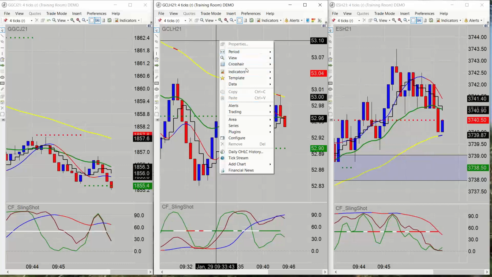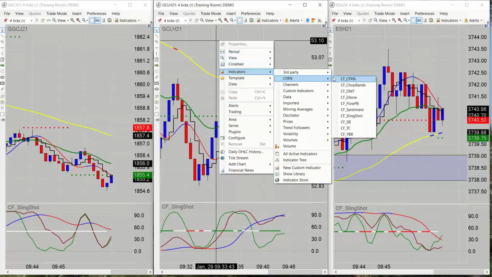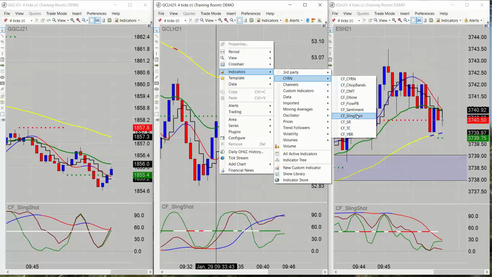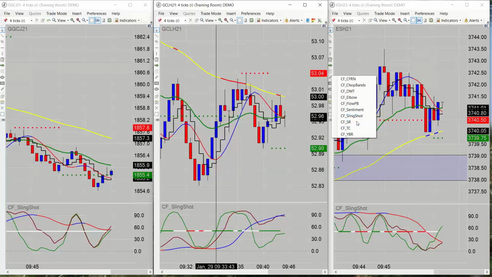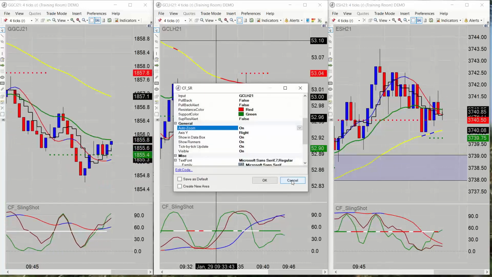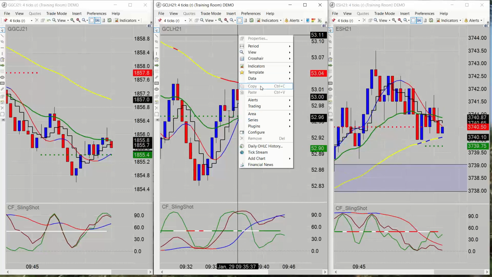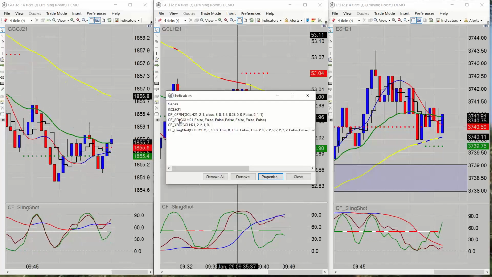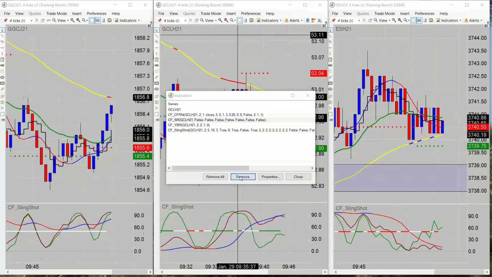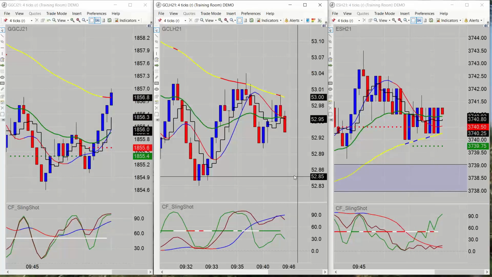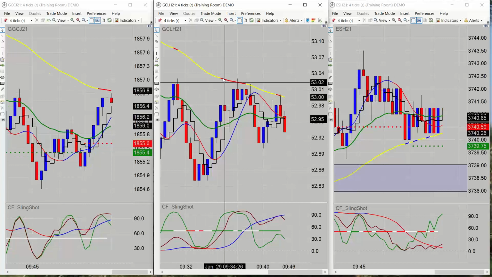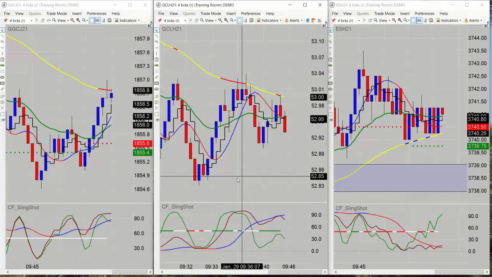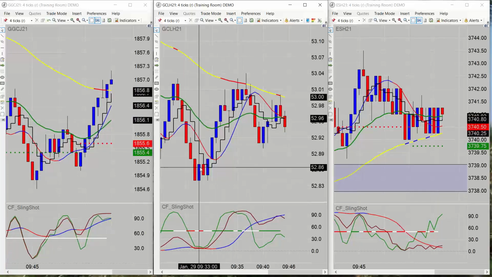Okay, I'm going to go ahead for this particular trade. We did that wrong. For that particular trade, we don't need the support and resistance dots, so I'm going to go ahead and remove those. And to be honest with you, we don't even need the CFRN indicators here on price.